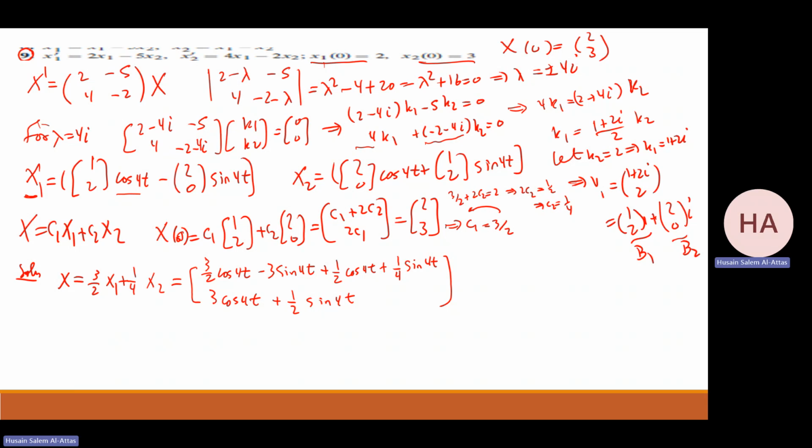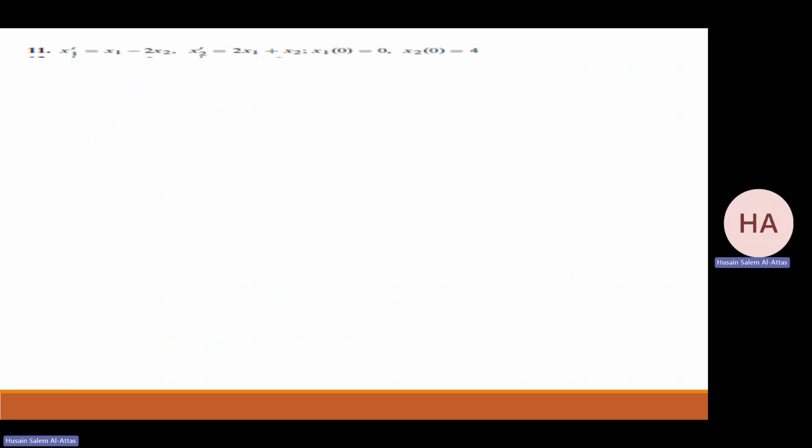It will be 2 cosine 4t. Let's simplify it: I have 3 over 2 plus half, that will be 4 over 2, which is 2 cosine 4t. This is 12 over 4 minus 11 over 4 sine 4t, and this is 3 cosine 4t plus half sine 4t.